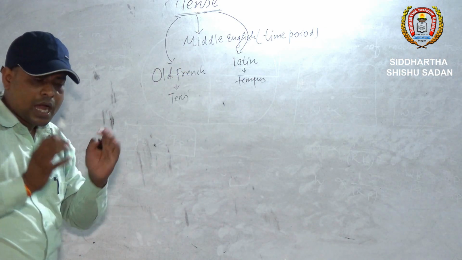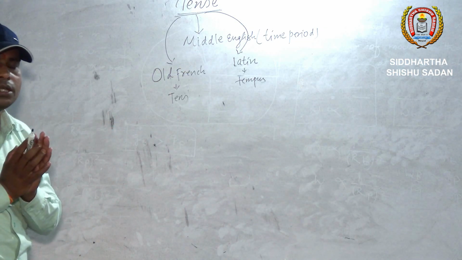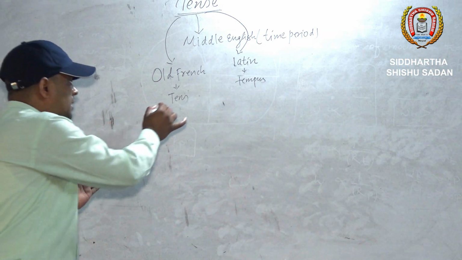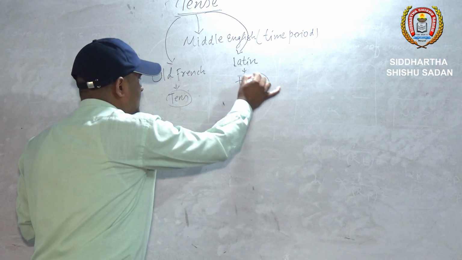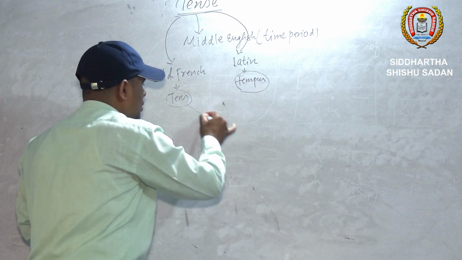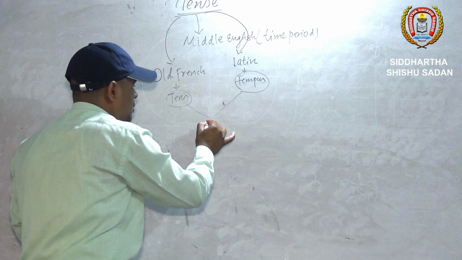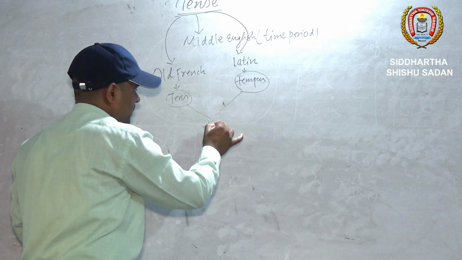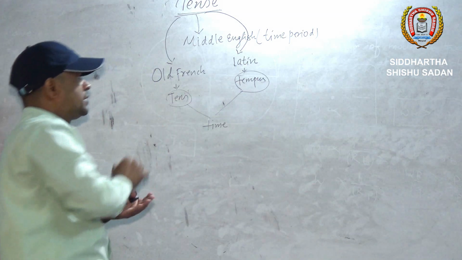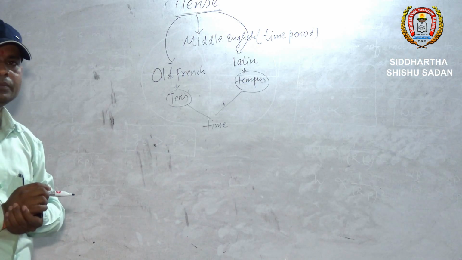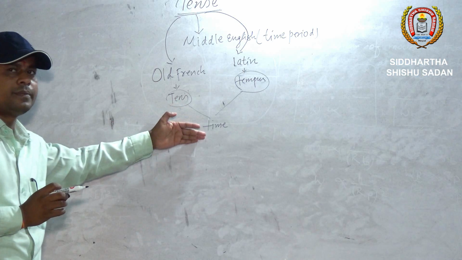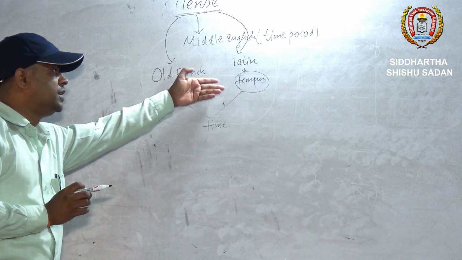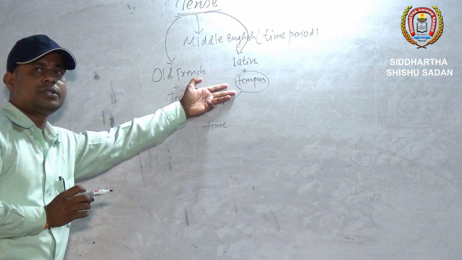Yes. Dear students, the meaning of tense and the meaning of tempus was time. The meaning of tense was time, whereas the meaning of Latin word tempus was also time.